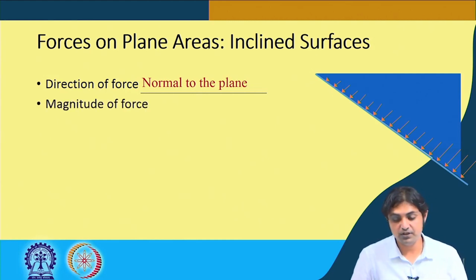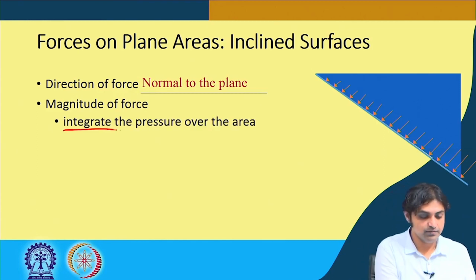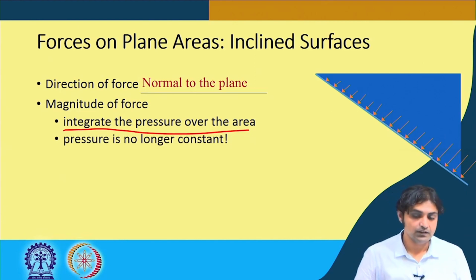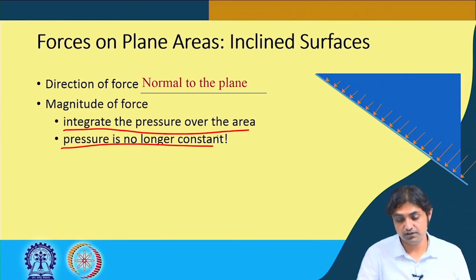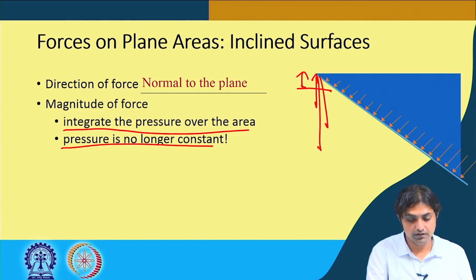What will be the magnitude of the force? We have to integrate the pressure over the entire area. Here the pressure is no longer constant, because it is not at one elevation, it is varying. See, the h is changing here, here it's different, here it's different.